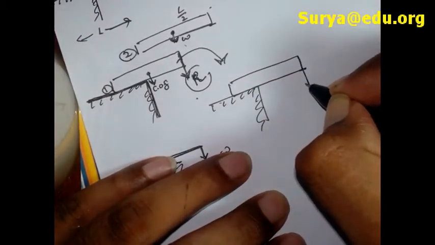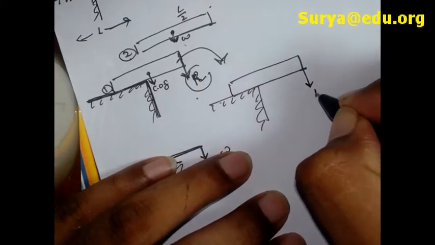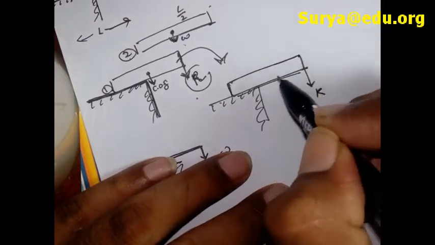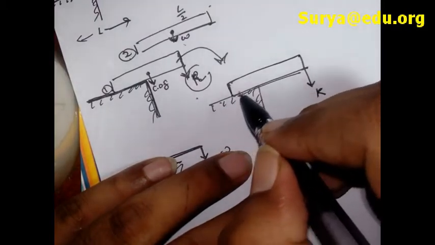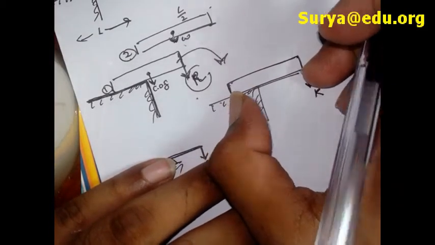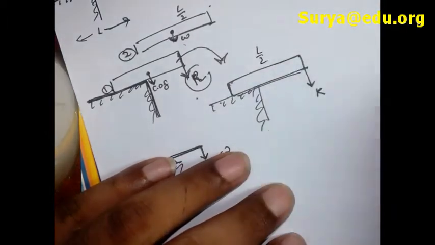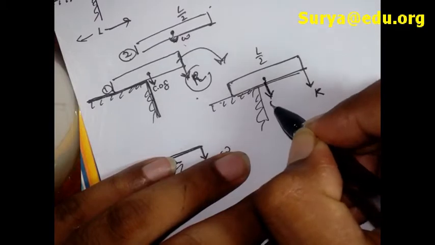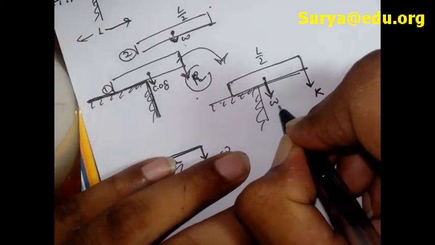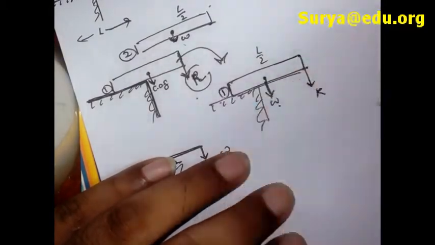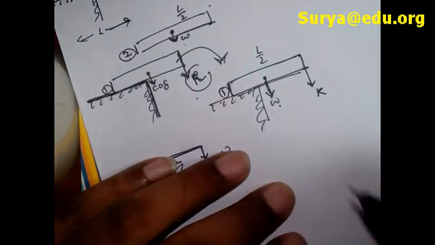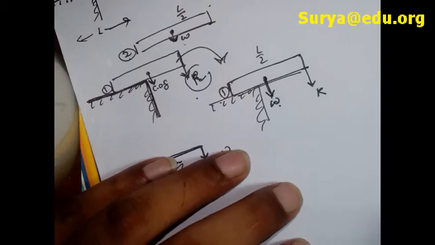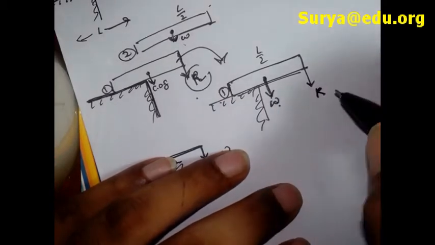This is the downward reactive force R, and the center of gravity of this block is right at its midway, measured as L by 2. Say the L by 2 is here. What is this W? This W is the weight of block number 1. So here we have this weight W, and also here we have this reaction force R.